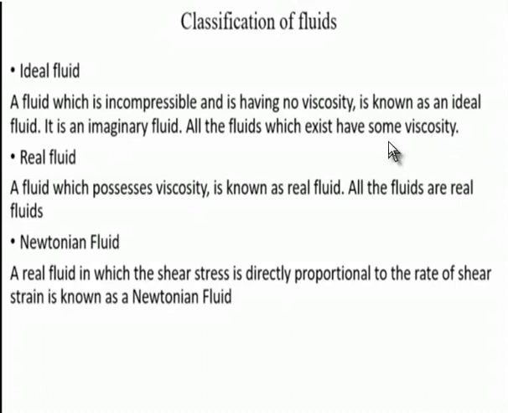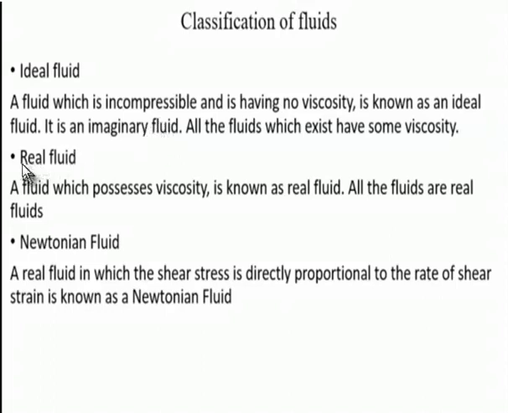If the viscosity is zero, such a fluid is called an ideal fluid. But in our universe, all fluids have some viscosity. That's why this ideal fluid is imaginary. We can imagine that fluid, but in the actual universe such a fluid will not exist.